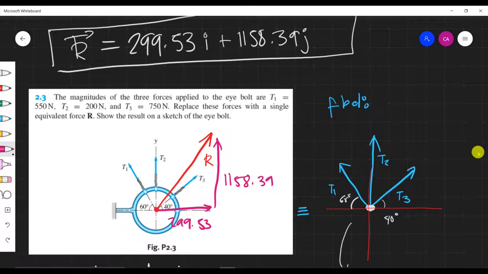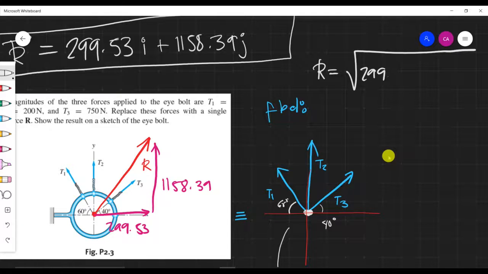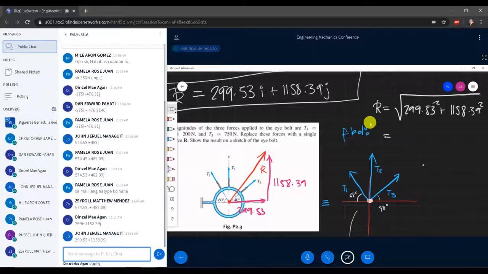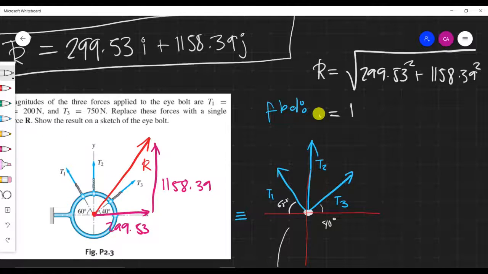So, sa pagkuha ng magnitude is easy. Alam na natin yan. So, the magnitude R is equals to the square root of 299.53 squared plus 1158.39 squared, equals to 1196.49.